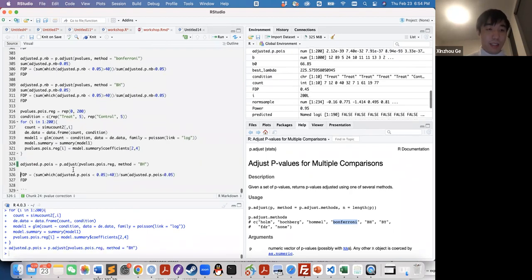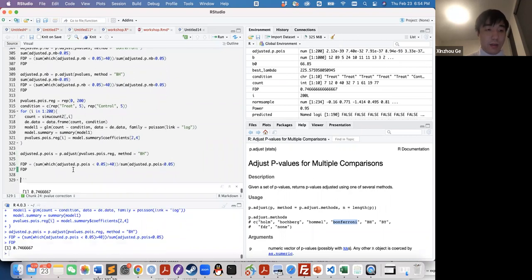So we can see that in this case, if we use the Poisson regression, even if we use the BH procedure, the number of discoveries is still very large.